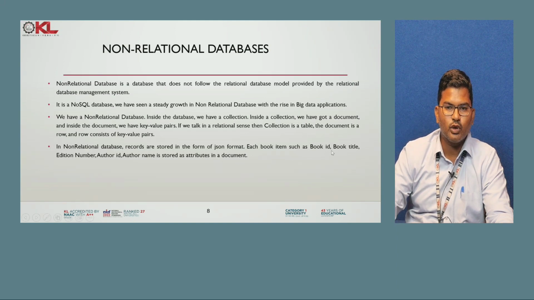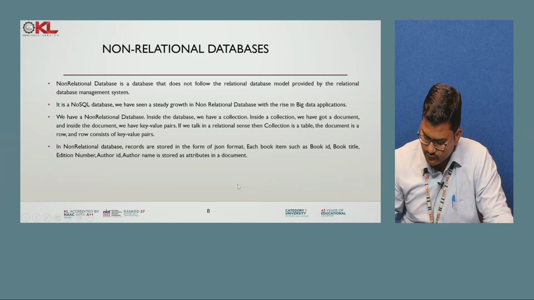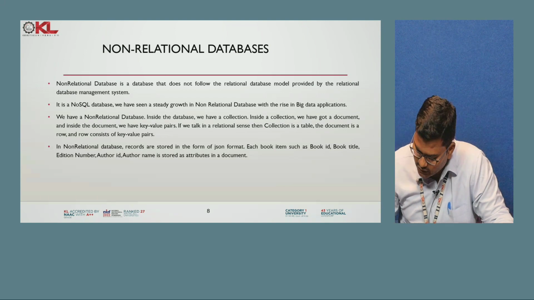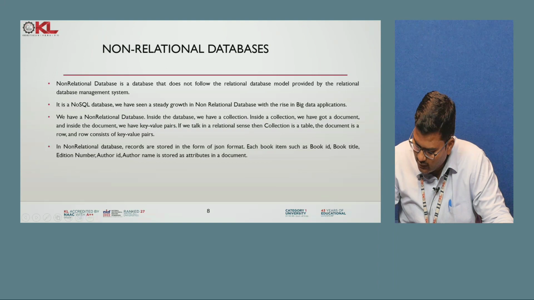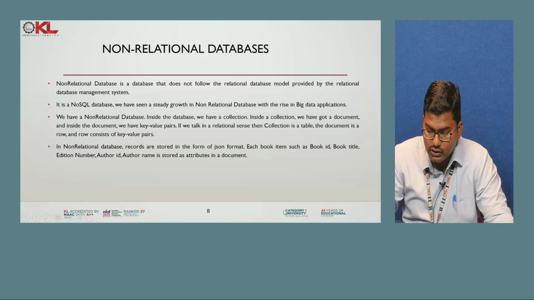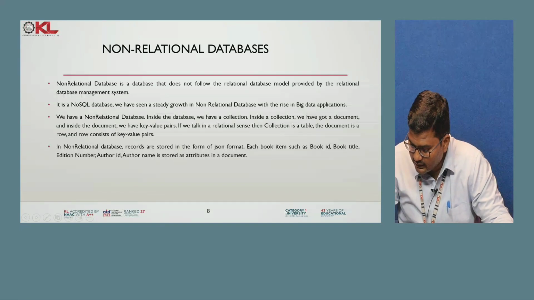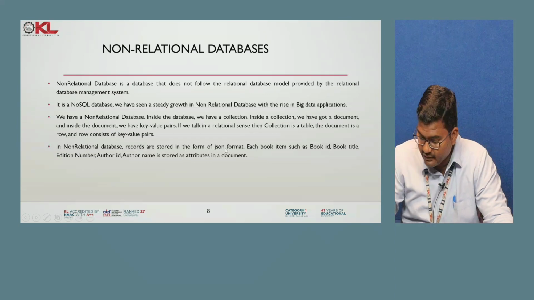Each book item such as book ID, book title, edition number, author ID, and author name is stored as an attribute in the document. So that's what is being discussed about structured and non-structured. If you want to know more about structured query language and NoSQL, structured data can be stored in tables, whereas NoSQL, the non-relational database, is stored in JSON format.